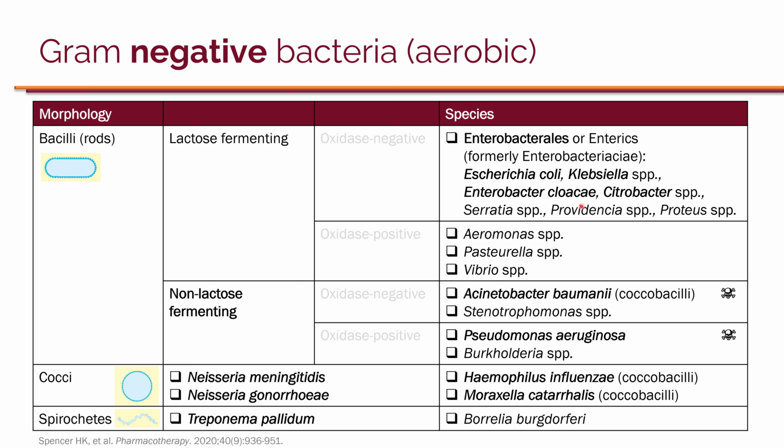Pretty much all of these organisms were previously part of the Enterobacteriaceae family, so we used to just refer to them as Enterobacteriaceae. But as I will show you on the next slide, members of Enterobacteriaceae were reclassified into different families. So now, in the clinical world at least, we refer to all these organisms, and there are more than what's listed here, as Enterobacterales or enteric organisms.